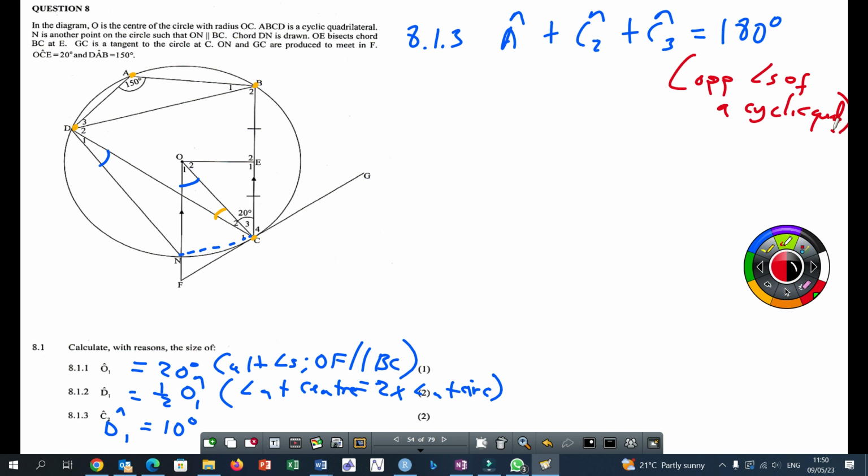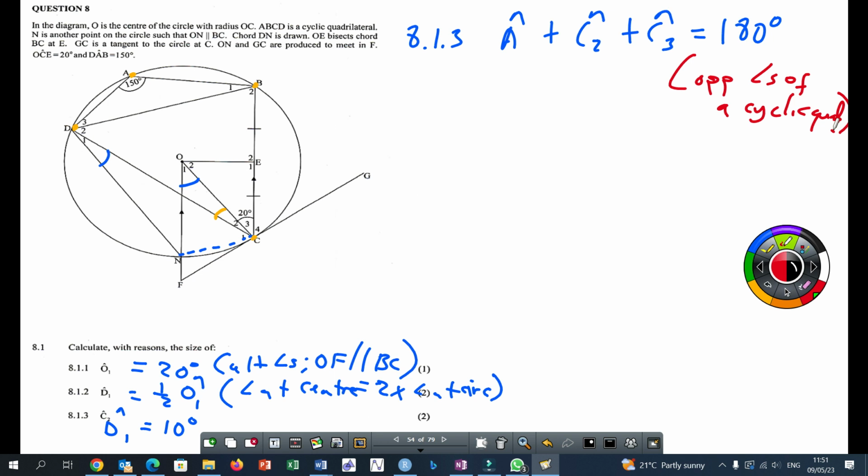How did you say it? Opposite angles of a cyclic quad are supplementary. Is it okay if you didn't say angle C2 and C3, but you just said BCD? Yeah, it's fine.